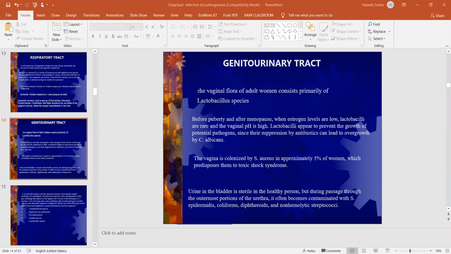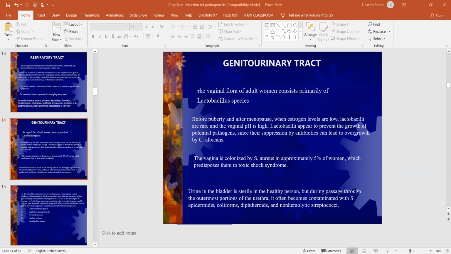But when the urine passes through the urethra and reaches the outermost part of the urethra, which is skin, the skin normal flora, Staphylococcus epidermidis, may contaminate the urine.